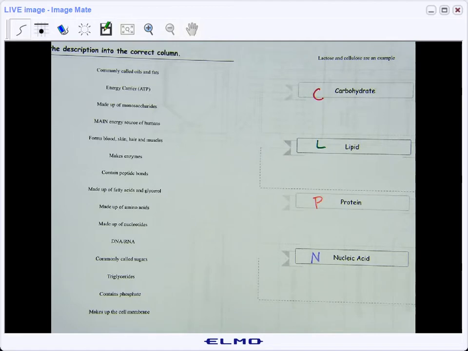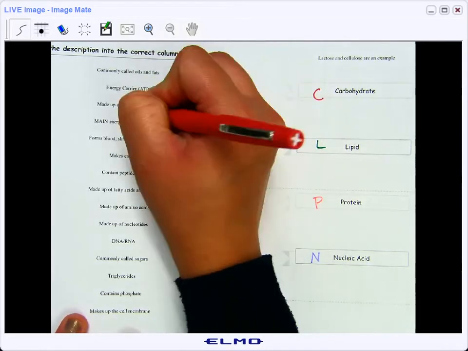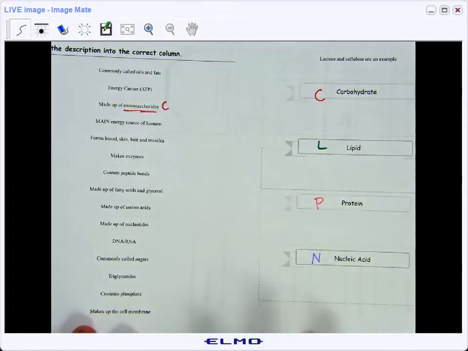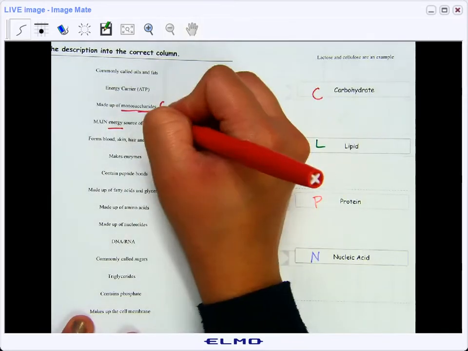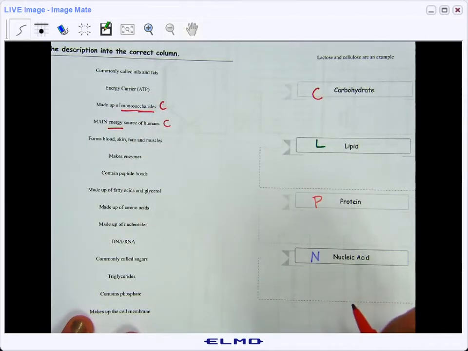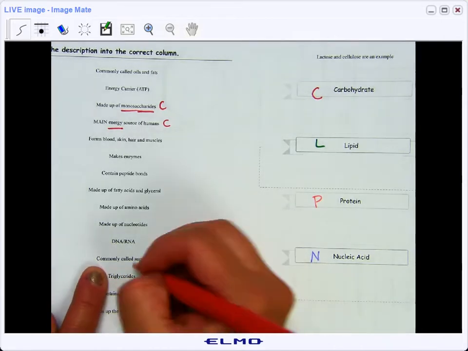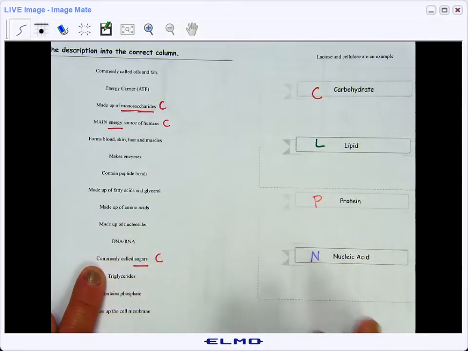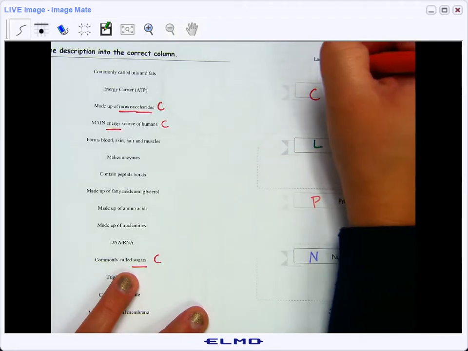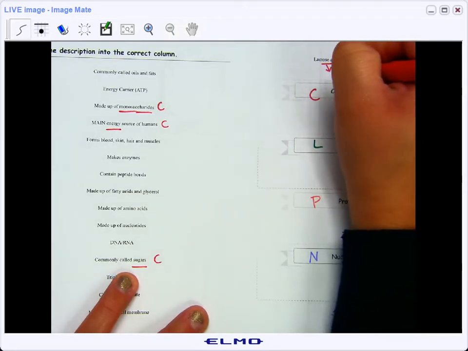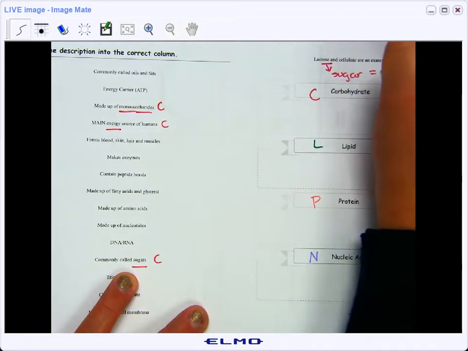In your column, you should have put made up of monosaccharides. Monosaccharides are carbs. Main energy source. Energy tells you that's a carb. Down here, commonly called sugars. Sugars are carbs. And over here on my top right, lactose and cellulose, ending in OSE, that's a sugar, which is a carb.